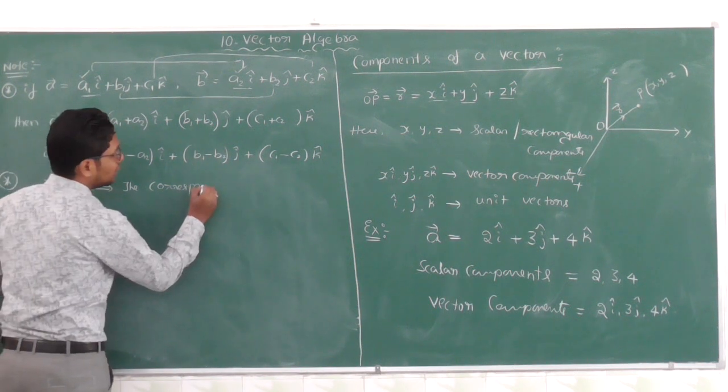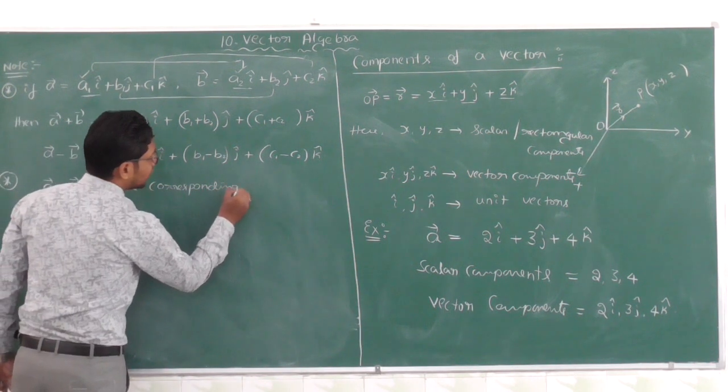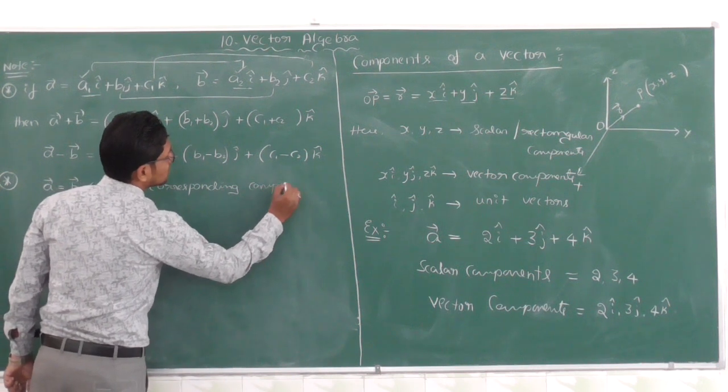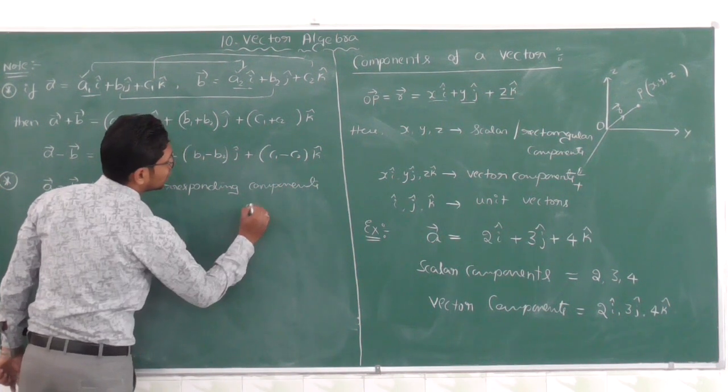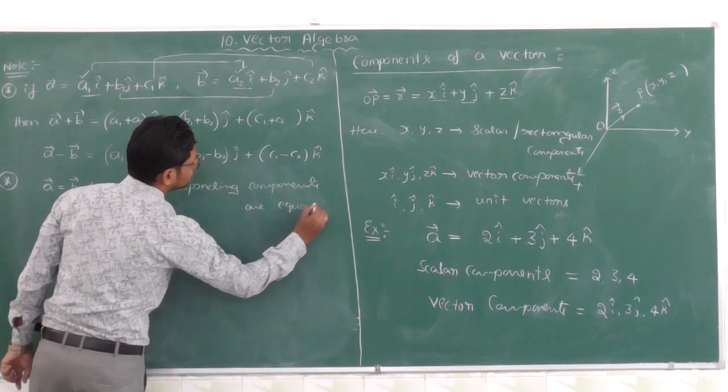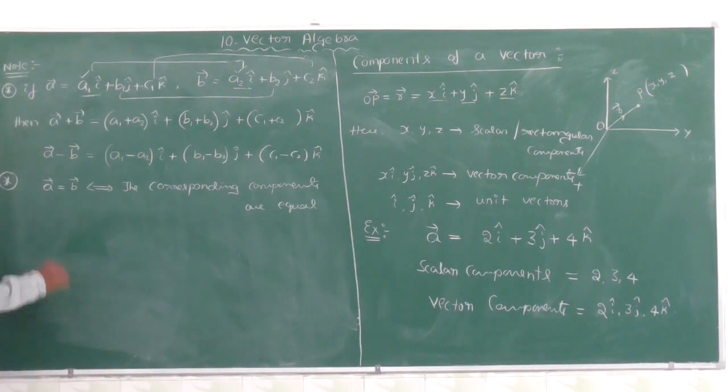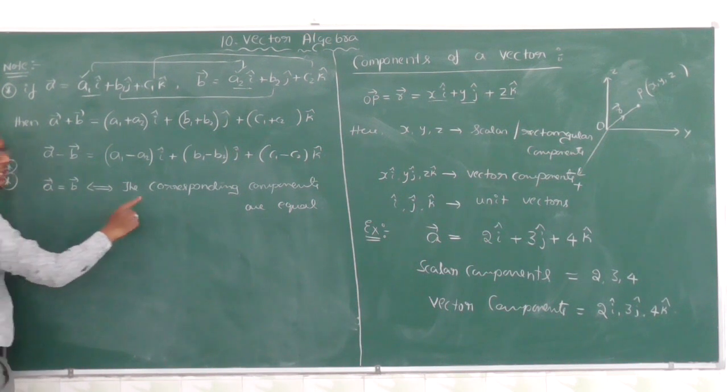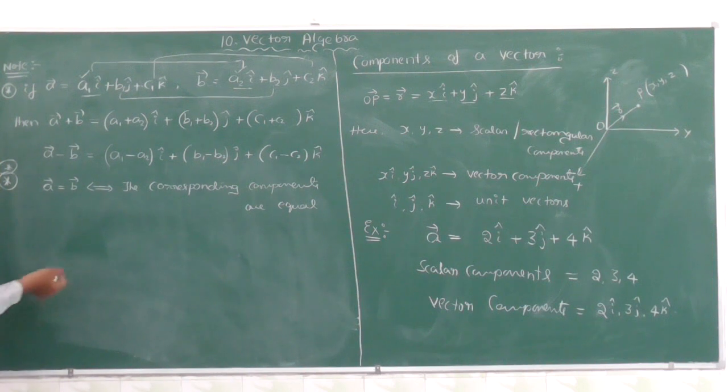Okay, this is an important point. You just remember it. If A vector equals B vector, if and only if the corresponding components are equal, how will it be?